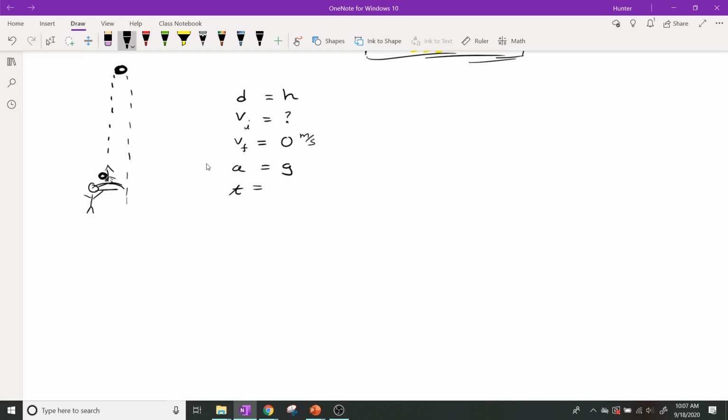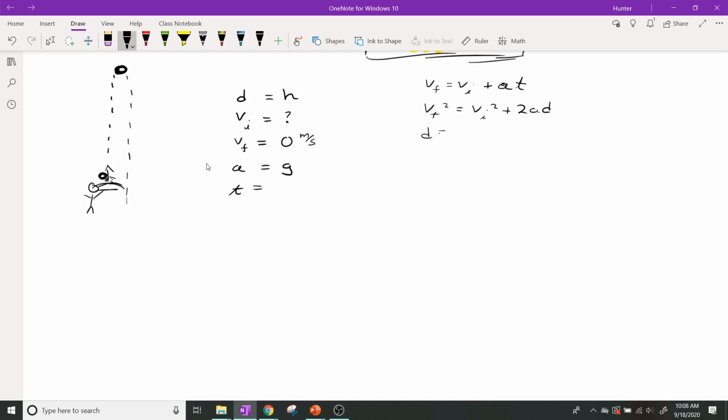So let's run through a couple of situations and see if we can solve for the time and what we would actually need to be able to get a formula answer for this question. Let's go ahead and write out VF equals VI plus AT. VF squared equals VI squared plus 2AD.